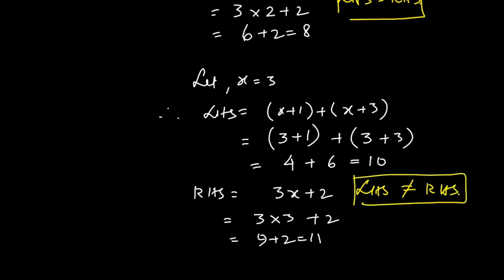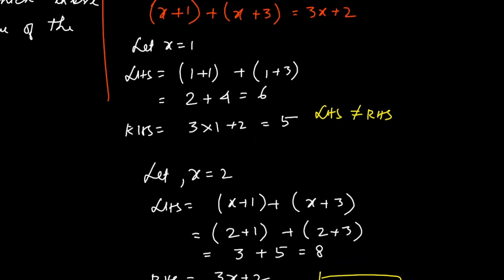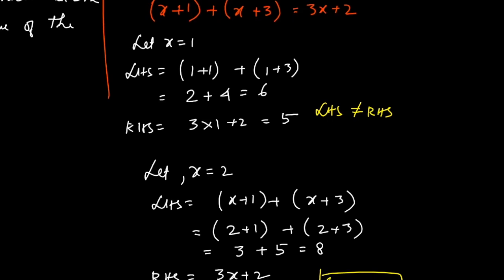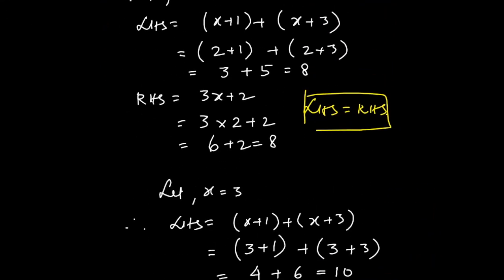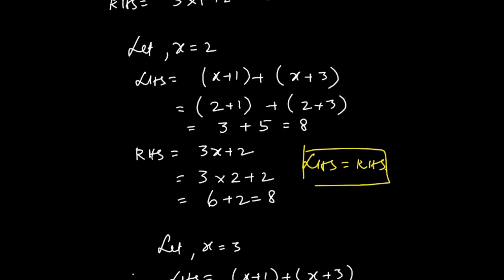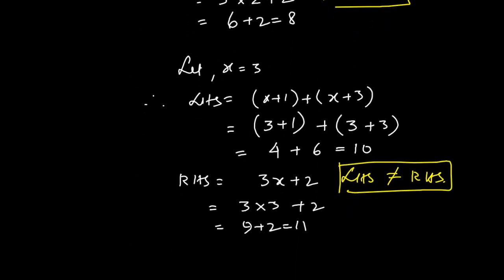So after substituting three values of x, that is x equal to 1, x equal to 2 and x equal to 3, we have found that in only one case, for x equal to 2, LHS is equal to RHS. In the other two cases, LHS is not equal to RHS.